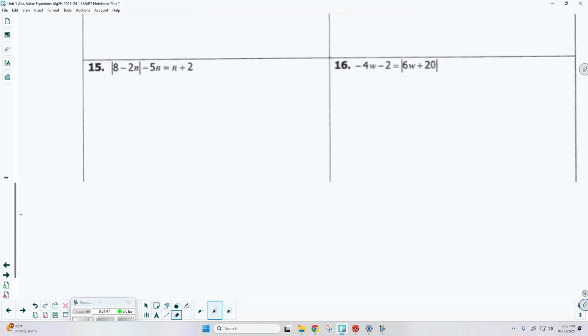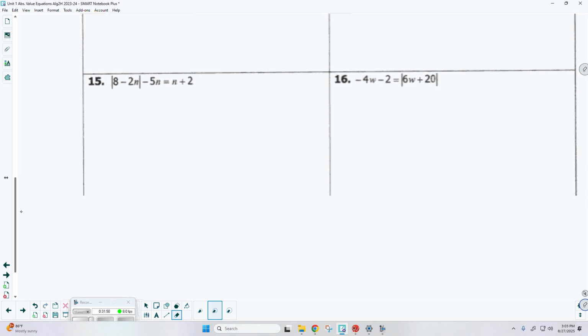Okay, so let's see what we got here. So I've got -4w minus 2 equals 6w plus 20. Is absolute value already by itself? Yes. What do I do? Okay, so what's my first equation? So -4w minus 2 equals 6w plus 20.